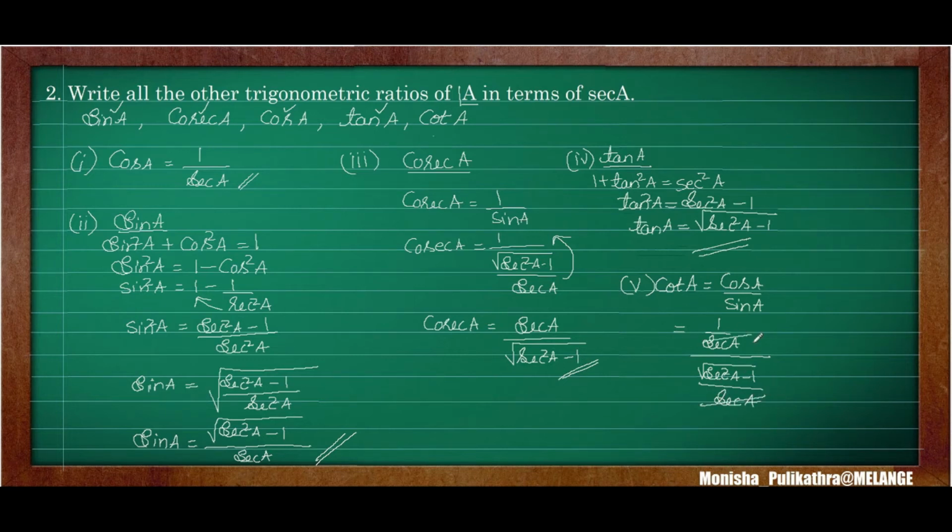So here secant A gets cancelled. Therefore, cot A is equal to 1 divided by square root of secant square A minus 1. Or else, we know that cot A is equal to 1 by tan A. If tan A is square root of secant square A minus 1, then cot A will be 1 by square root of secant square A minus 1. Okay, I hope you understood this.